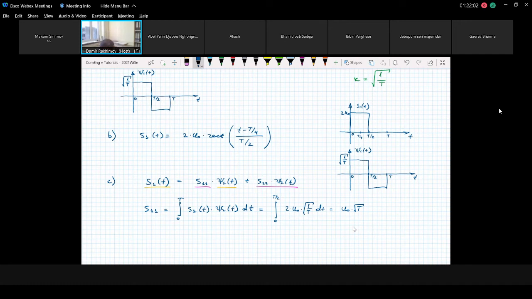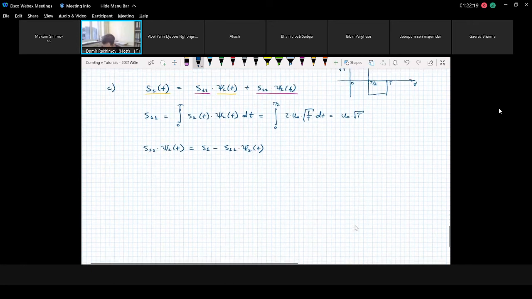So now we can find the difference, S12 times the second basis function, and it will be equal to S1 minus S11 times the first basis function. Now we need to plot and evaluate this difference.